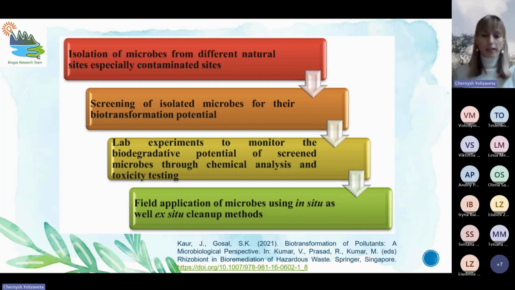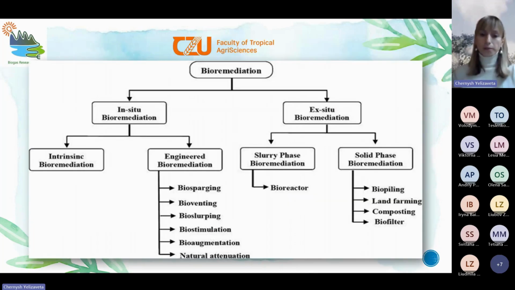Also, it is most important to analyze how it can be implemented in the field. So bioremediation has different techniques that involve different engineering equipment, and of course enzyme technology and a big part of genetic technologies together with microbiological investigation.